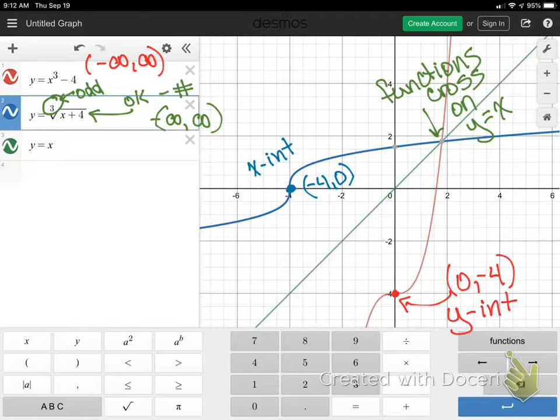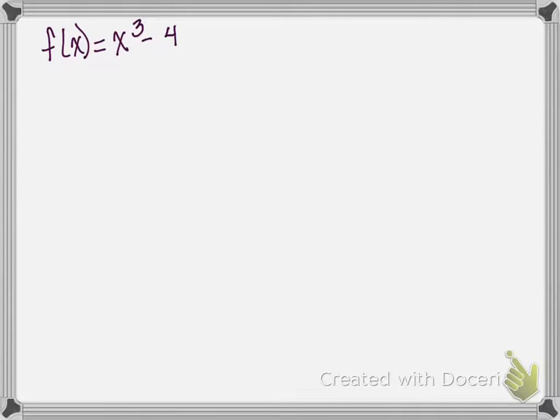We want to go from x to the third minus 4, that's our original function, and find our inverse function. And for this, we have some steps.